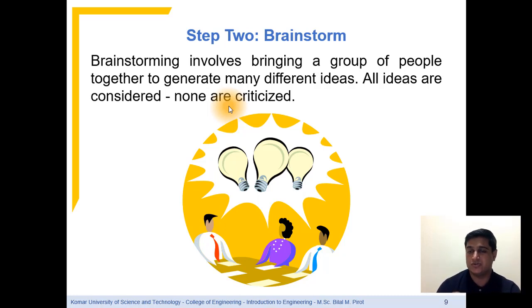You cannot solve any problem only based on your opinions. So you should collect the opinions of other people, then you can generate some alternatives or some solutions for this specific type of problem.